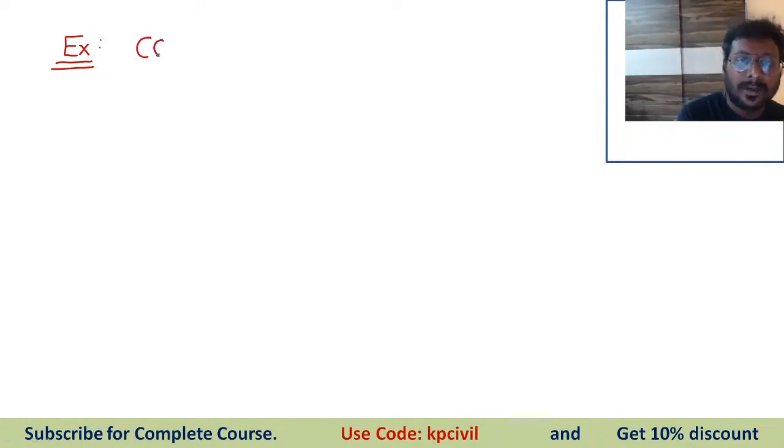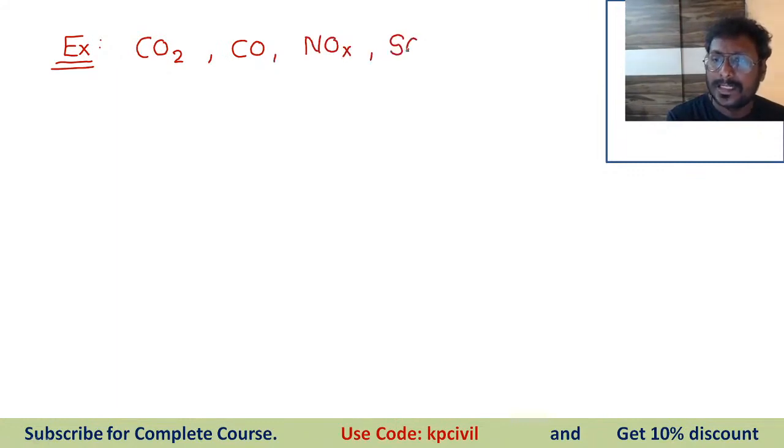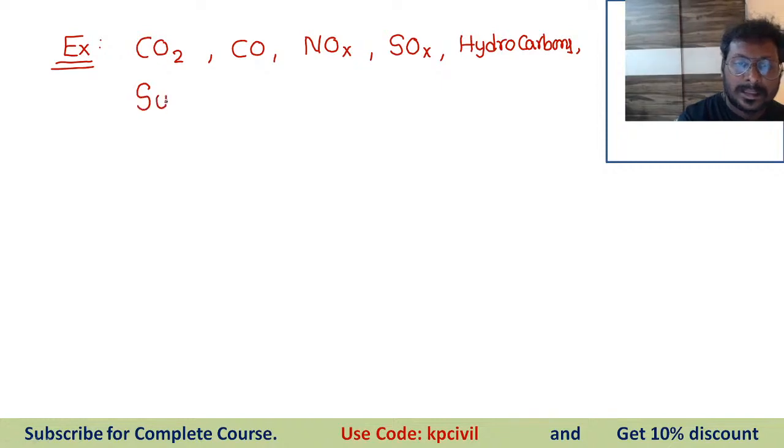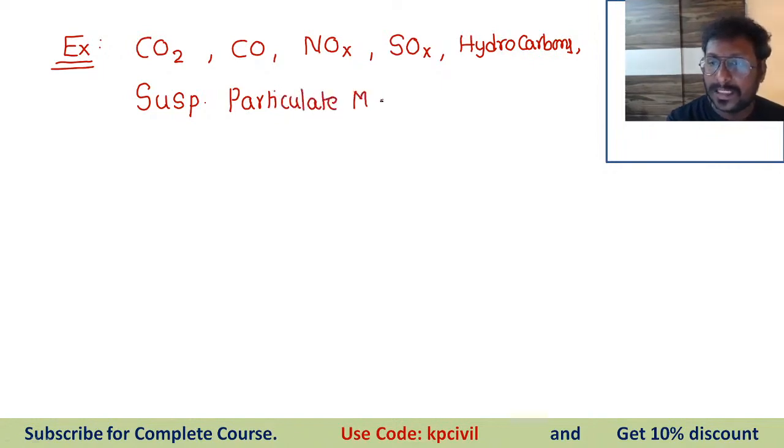So we can write down carbon dioxide, carbon monoxide, oxides of nitrogen, oxides of sulfur, hydrocarbons, suspended particulate matter, we call it SPM.